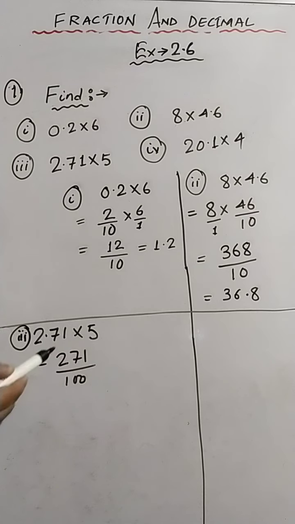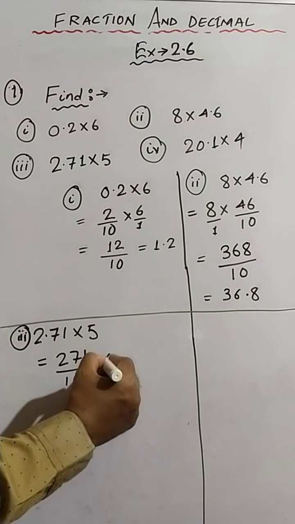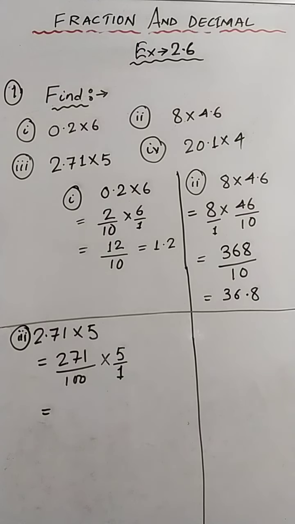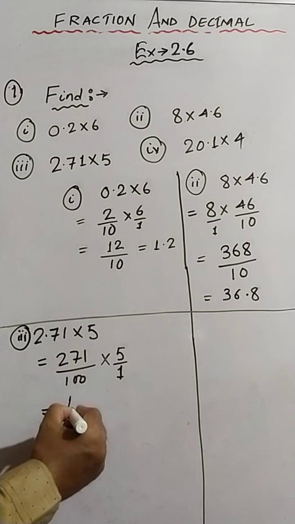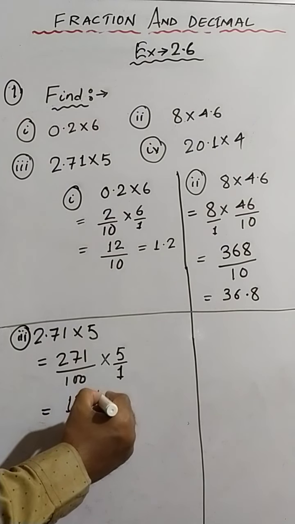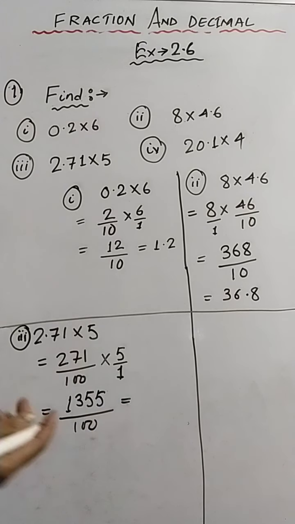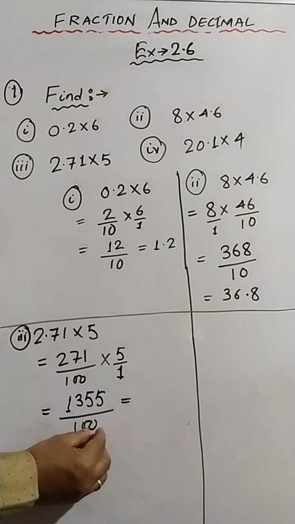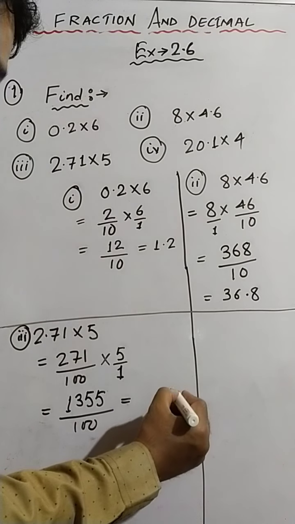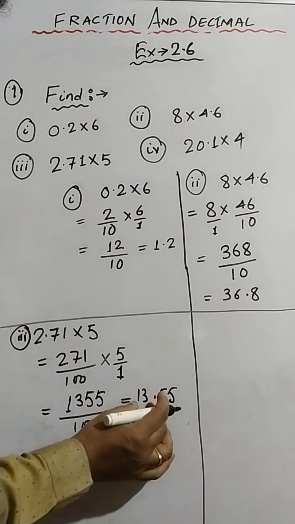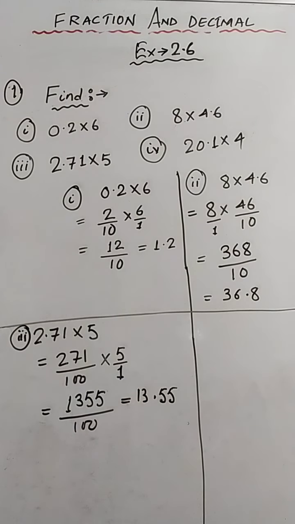That is the reason we divide 271 by 100 and then we write 5 by 1. What would be the product if you multiply 271 with 5? The answer would be 1355 upon 100. Now just convert it into a decimal form. 2 zeros are there, so how to write? 5, now put the decimal, and the next digits are 1 and 3. So this is the required answer of sum number 3.